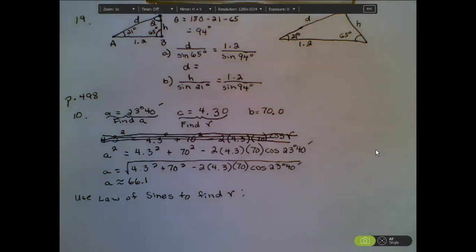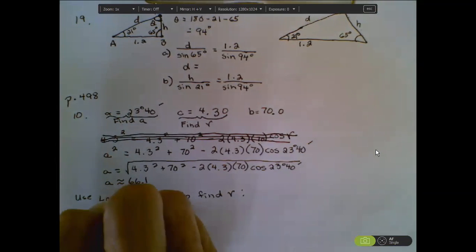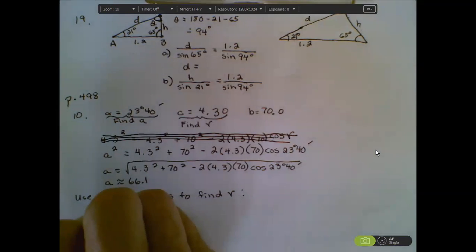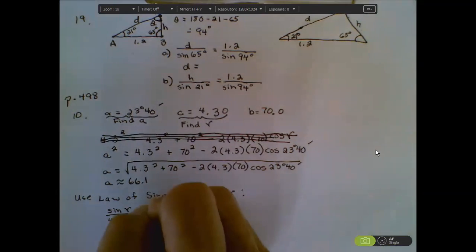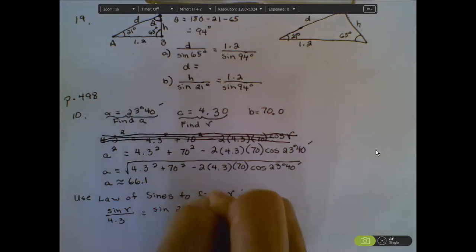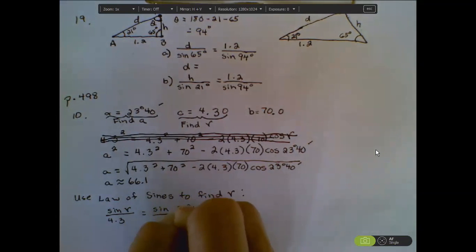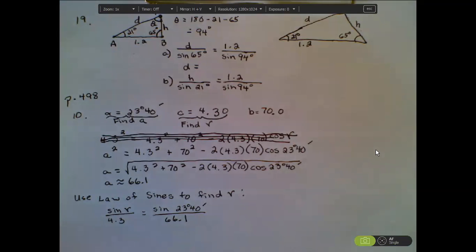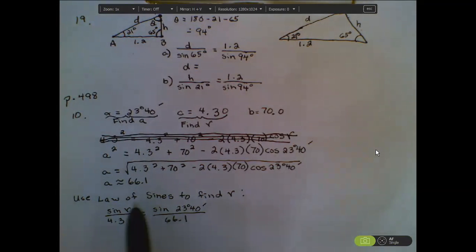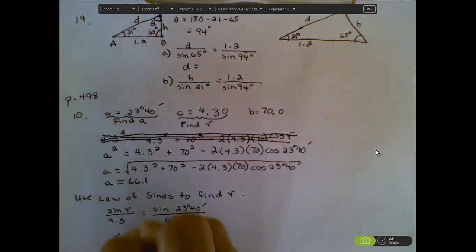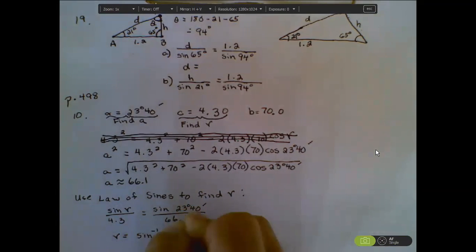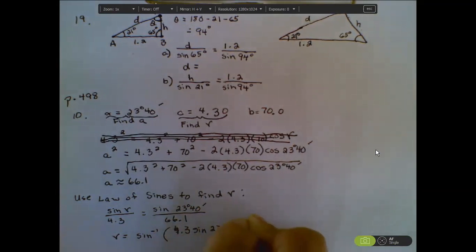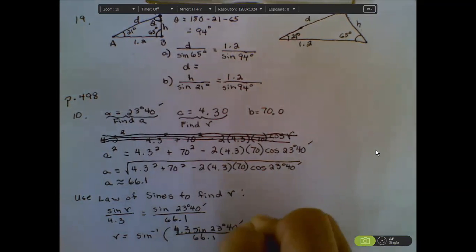And if I'm looking for an angle, I'm going to put the angles on top of each ratio. The sine of gamma over C equals the sine of alpha over A. When I multiply both sides by 4.3, I'm going to have sine of gamma equals some number between -1 and 1, and I'm going to take inverse sine of that number to get gamma.